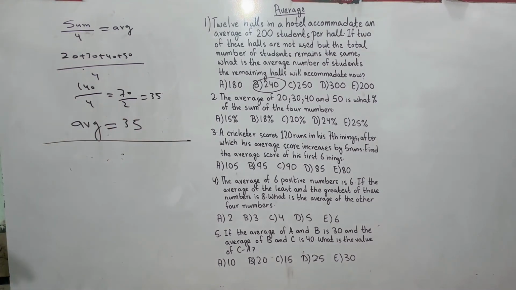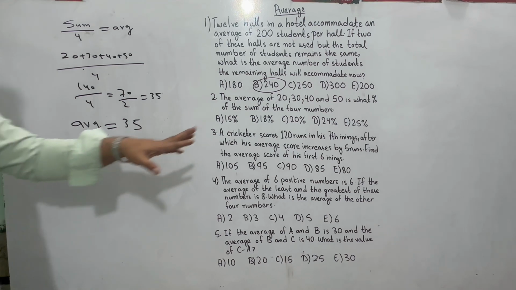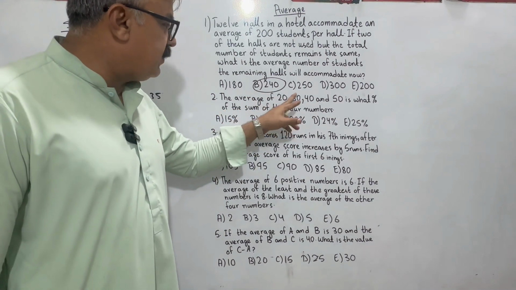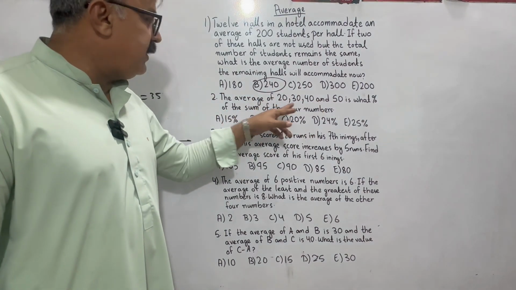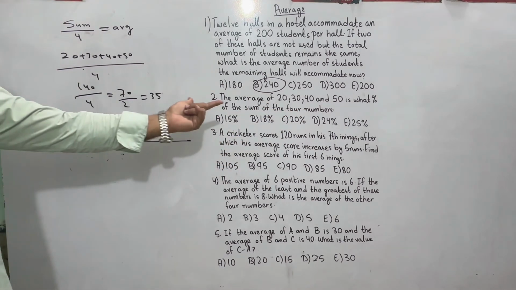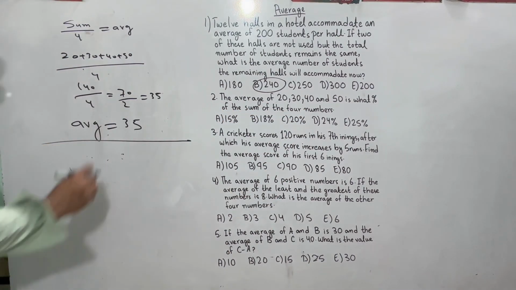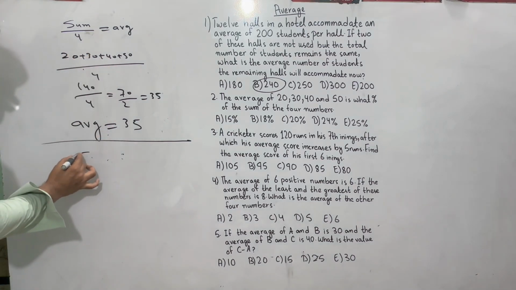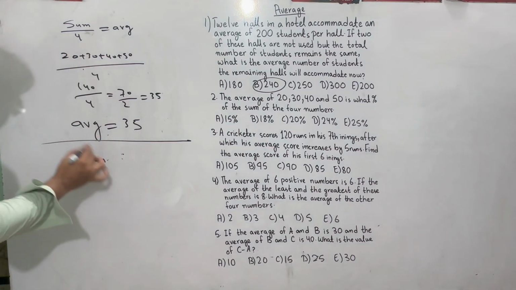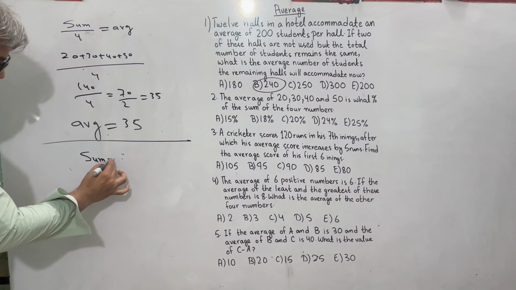Now the second portion we have to connect: the average of 20, 30, 40 and 50 is what percent of the sum of the four numbers? First we have calculated the average, 35, and the sum of the numbers is 140.